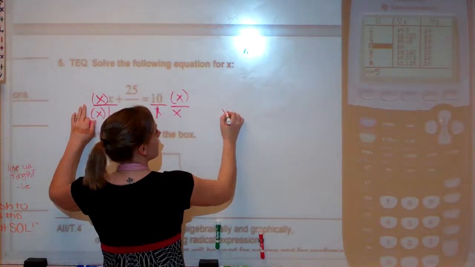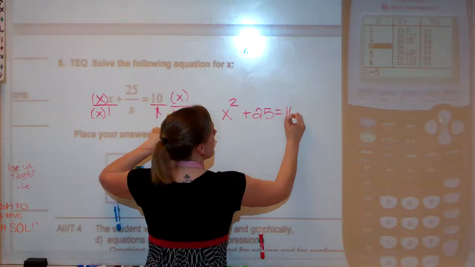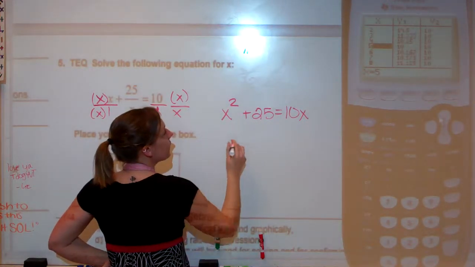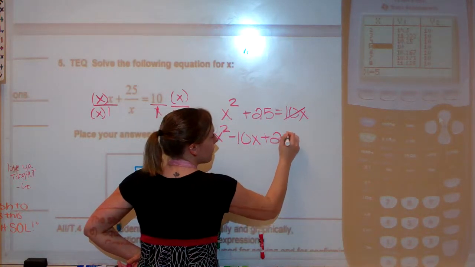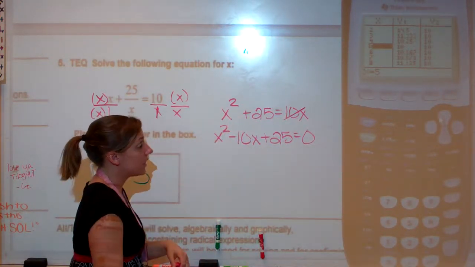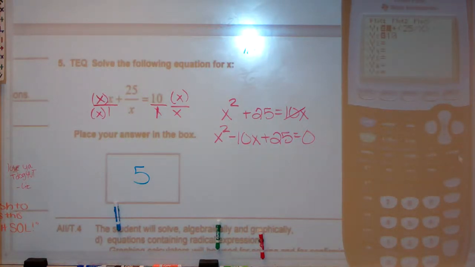You get x squared plus 25 equals 10x. Okay, you can throw out the denominator now. Move your 10x over so it equals 0. Make it a trinomial. You could solve this by factoring, or you could put it into the calculator. If you put it into the calculator, it crosses at 5.